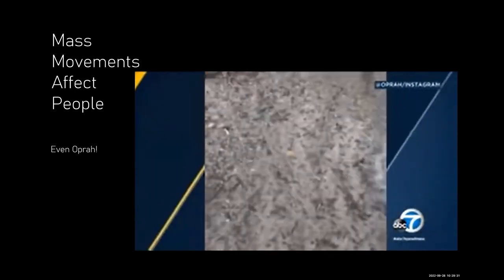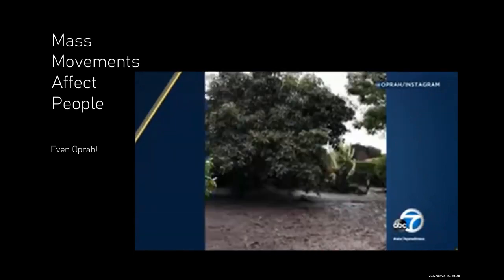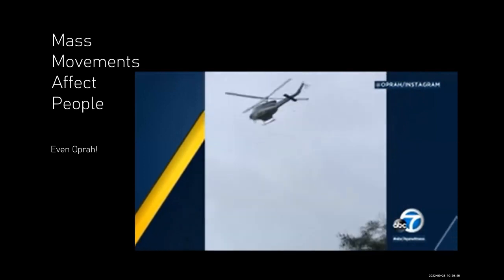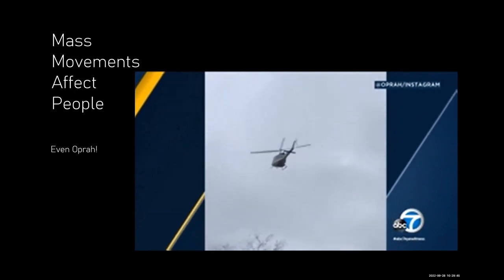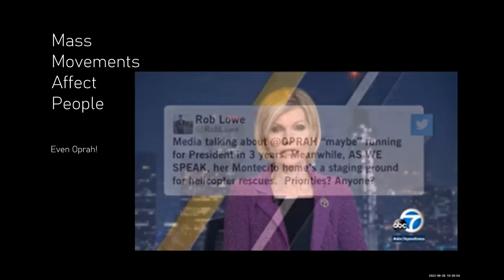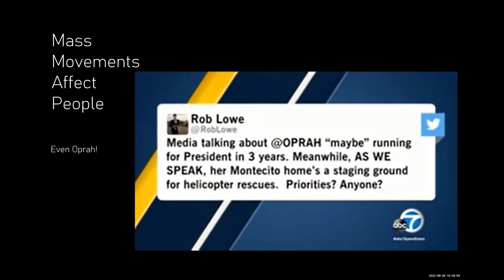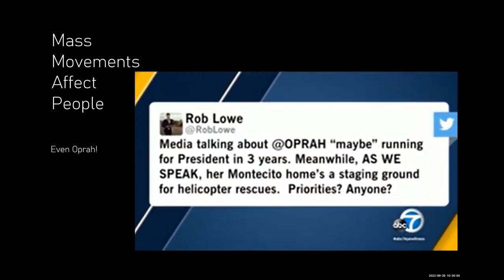The house in the back is gone. Oprah also posted this video of a helicopter she says is rescuing some of her neighbors and looking for missing people. Well, Oprah has some famous neighbors, and today actor Rob Lowe tweeted this: media talking about Oprah may be running for president in 3 years. Meanwhile, as we speak, her Montecito home's a staging ground for helicopter rescues. Priorities, anyone?